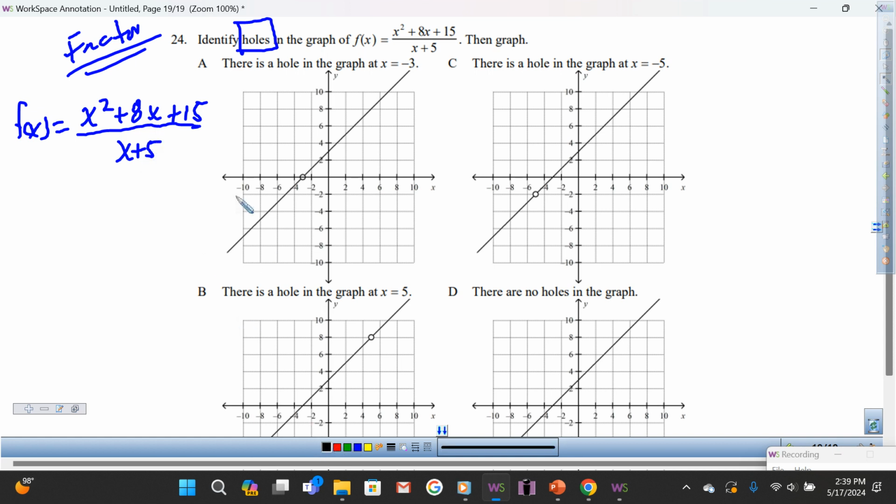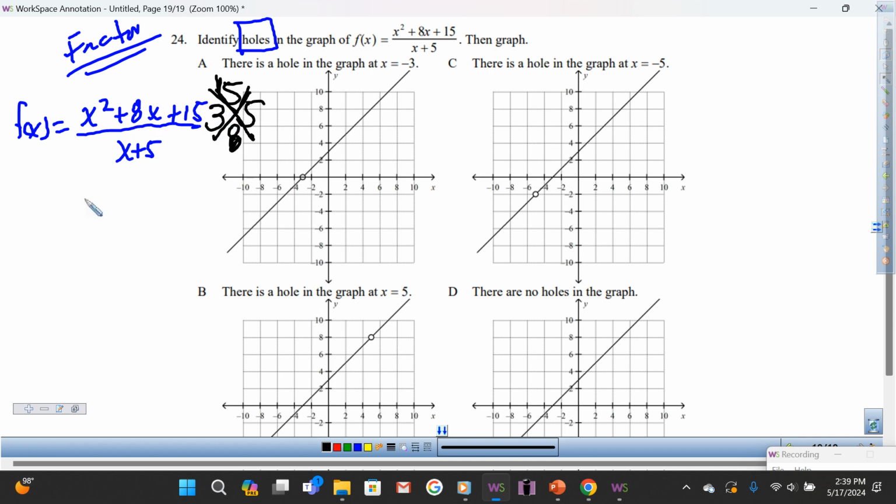So, how do we factor the numerator? What do we do? Nathan. Power Rangers. 15 and 8. What factors of 15 add up to 8, everyone? 3 and 5. That is correct.